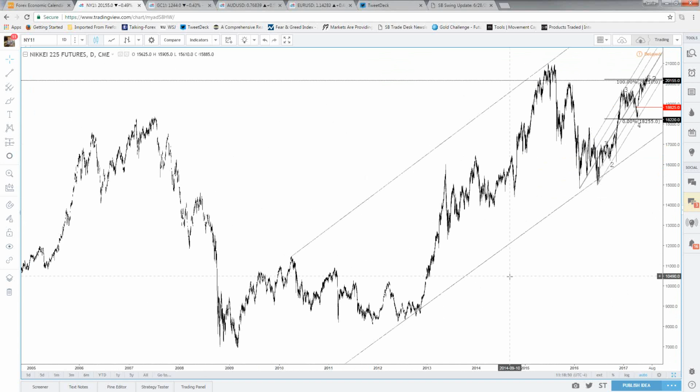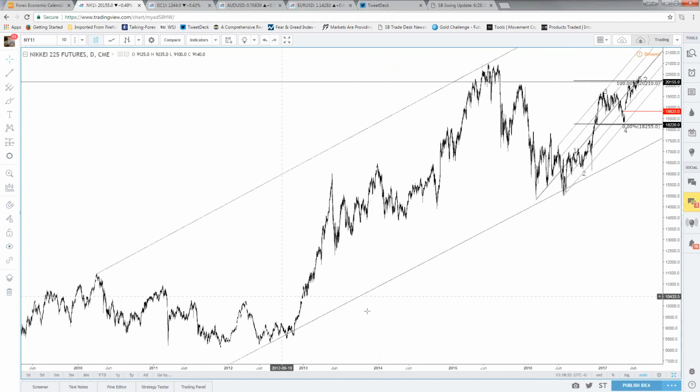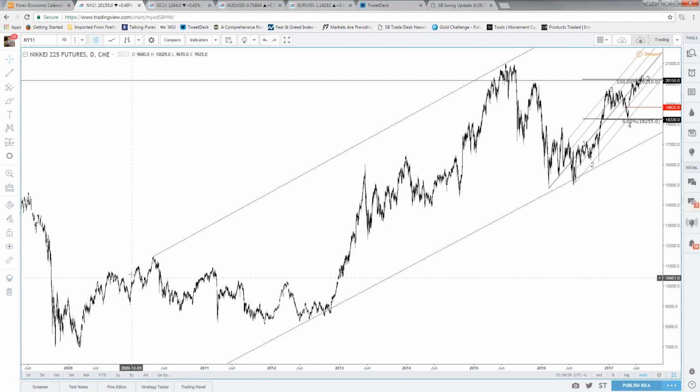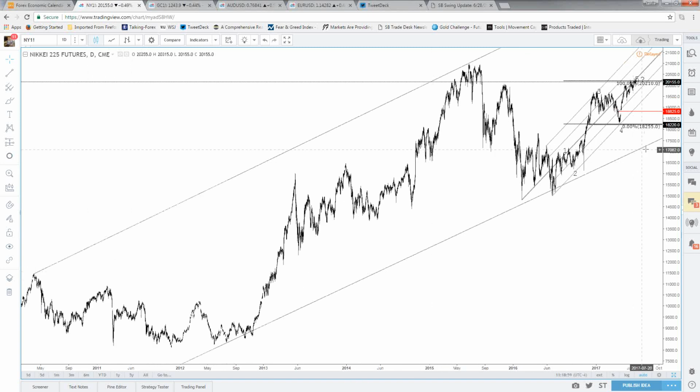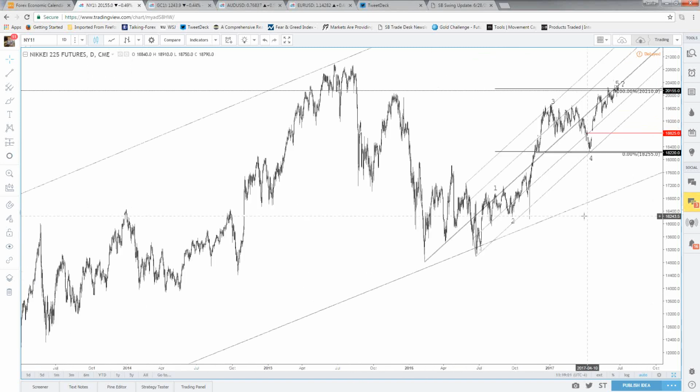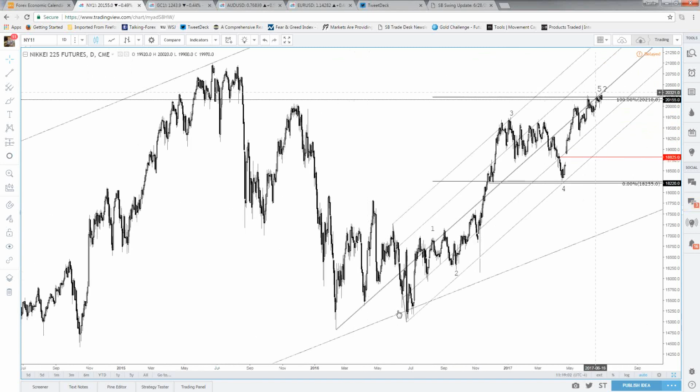significantly lower, right? Here's a long-term channel going way back. You could get back down towards this lower channel because you do have 5 up. It would contribute in my thinking to a much larger base.